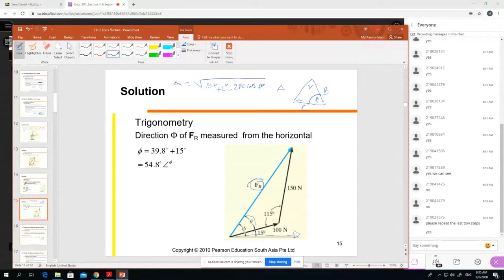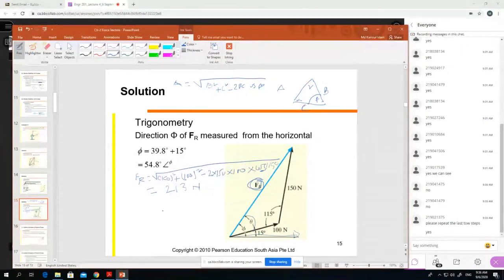So here we want to find FR. Similarly, we can write the resultant force FR equals the square root of 150 squared plus 100 squared minus 2 into 150 into 100 into cos of the angle between B and C, which is 115 degrees. After calculation you will find FR equal to something like 213.